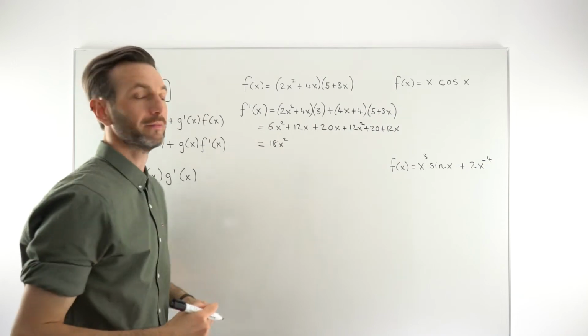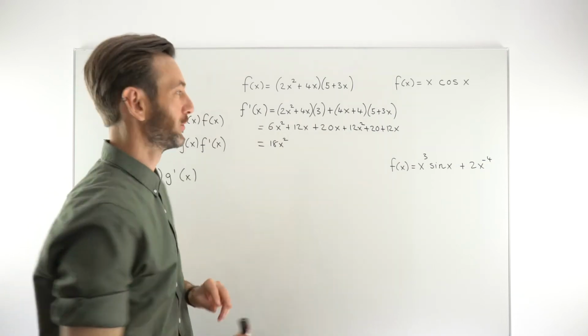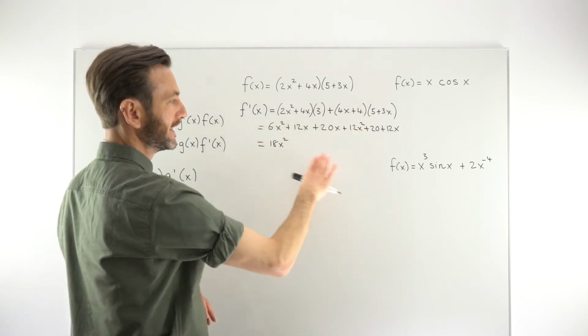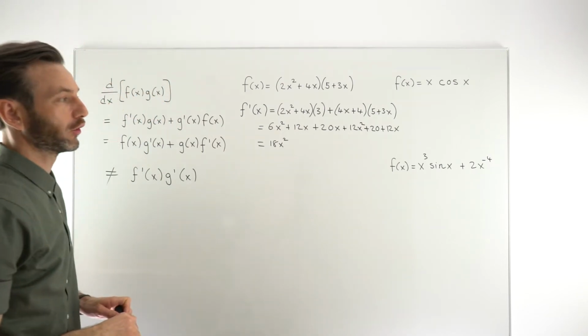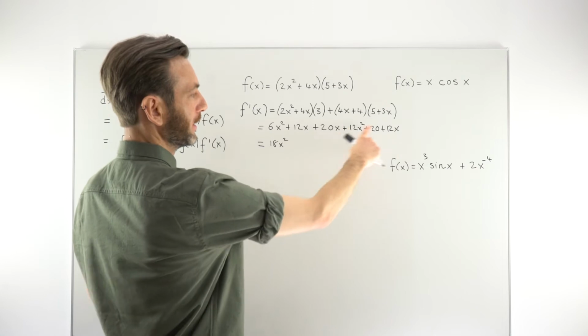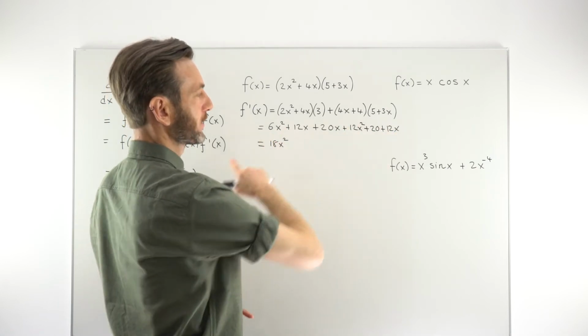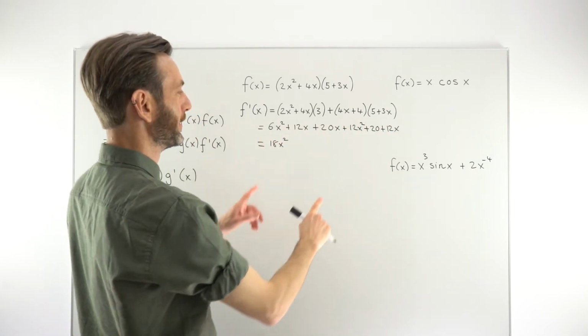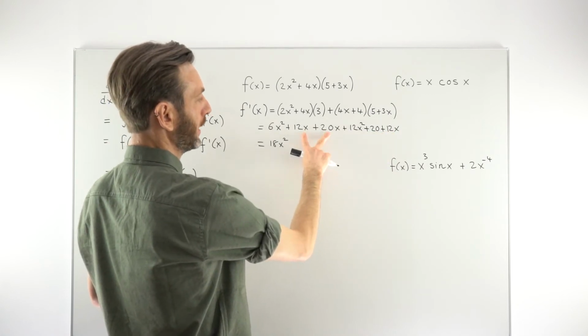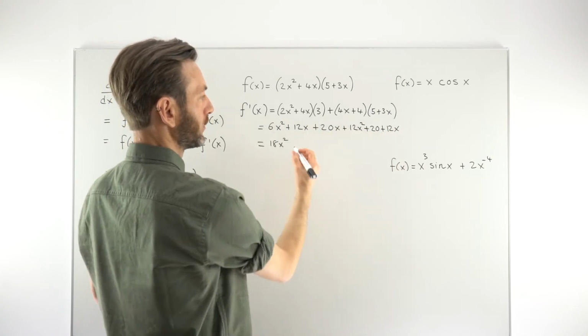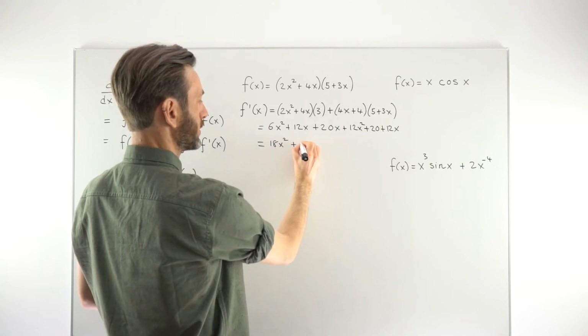So we're not doing differentiation at this point. We've taken our derivative, we're just tidying up, which is quite common actually, certainly in the product rule, because you often end up with quite a big mess of algebra that you need to tidy up. So gathering together our x terms, we've got 12 and 20 is 32, plus another 12 is 44.